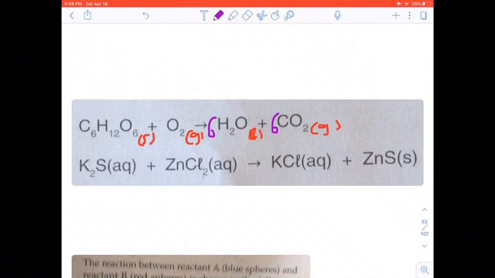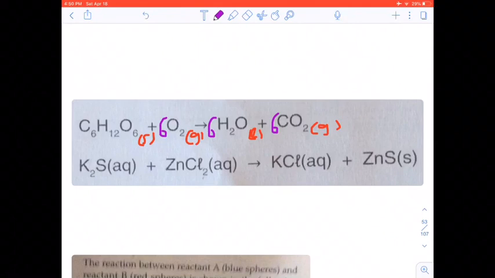And if we look at our oxygens on the right, we got 12 plus 6 is 18, and here we've got 6, so we can put a coefficient of 6 in front of oxygen, which gives us 12 plus 6 is 18, and that is balanced. Let's look at the next one.